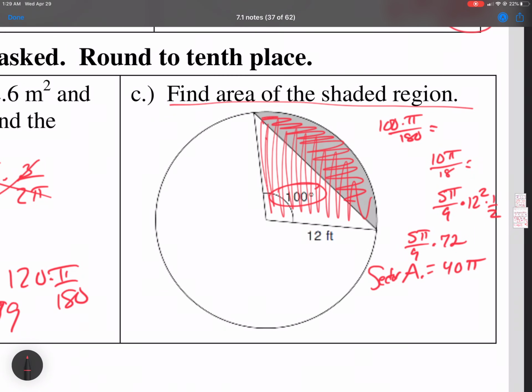So now I just need to find the area of this triangle. Well, the area of this triangle can be found using the formula 1/2 AB sine theta, where A and B are the legs. So this is A and B. Well, A and B here are the same, so that's 1/2 times 12 times 12 times sine of 100. So we'll do that.